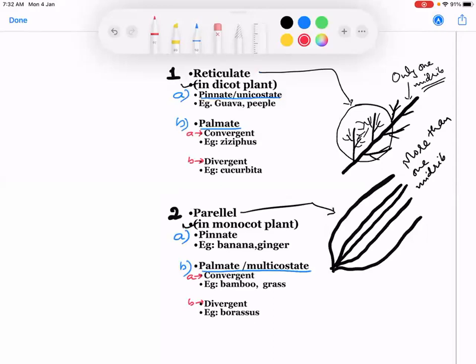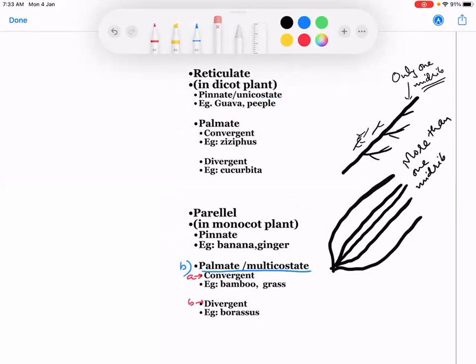In reticulate palmate, convergent is Zizyphus, and in reticulate divergent it is Cucurbita. Now in parallel palmate, convergent is bamboo, and divergent is Borassus. So these are various types of venation which are found in different plants. Ready? So this is the primary information about different types of venation.